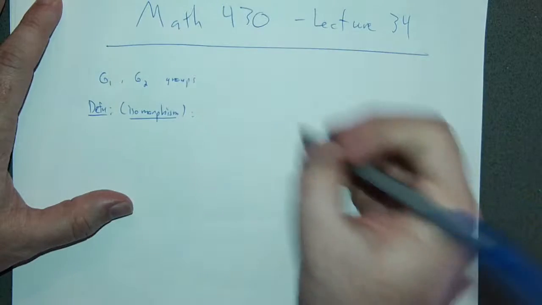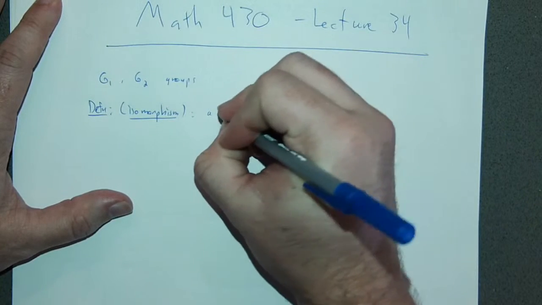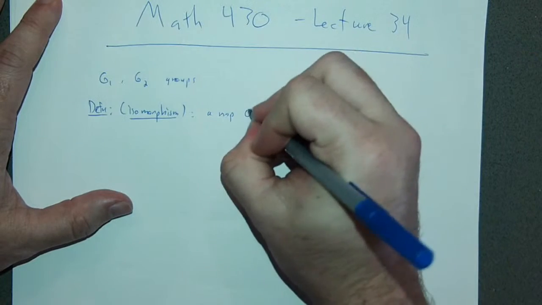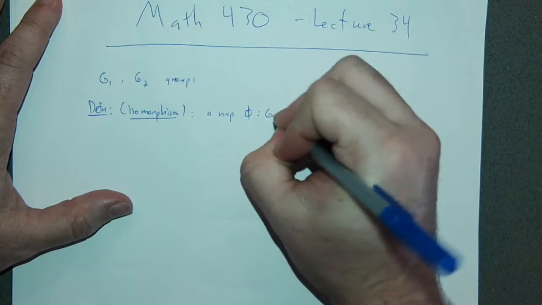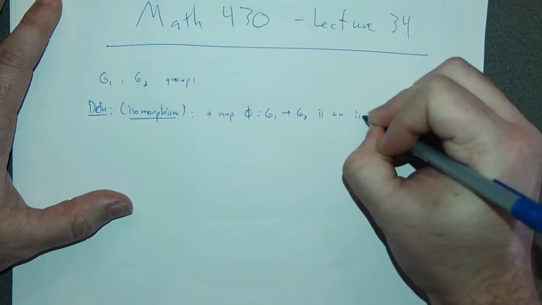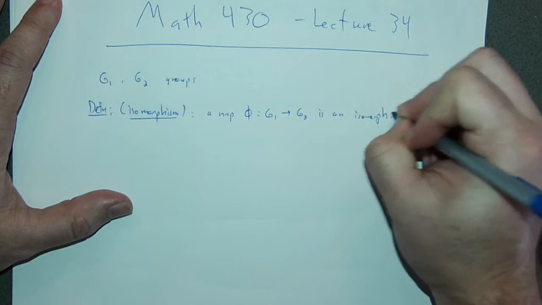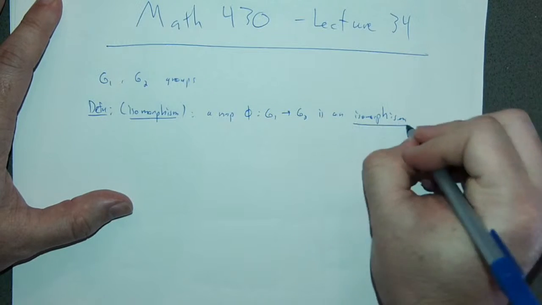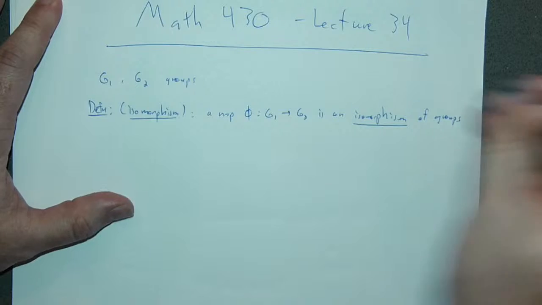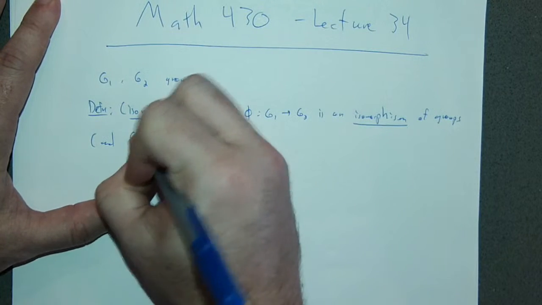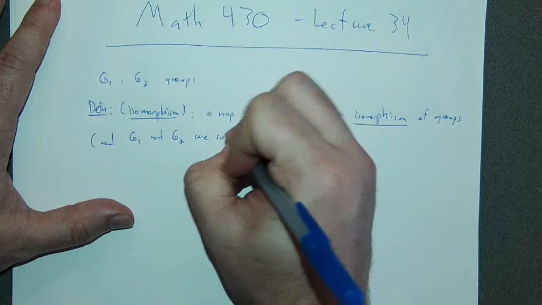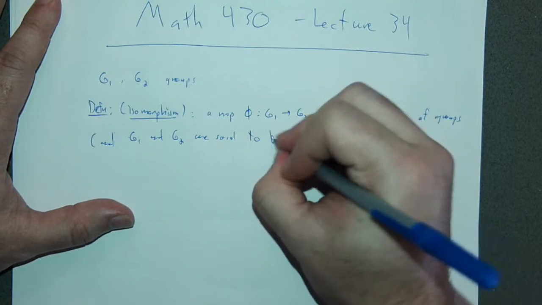So a map, I'll call it phi, from G1 to G2 is an isomorphism of groups, and G1 and G2 are said to be isomorphic.